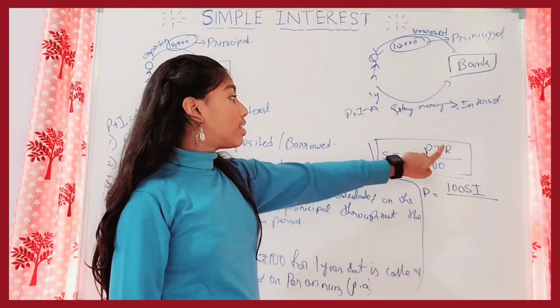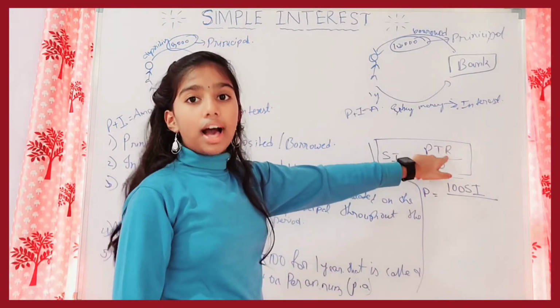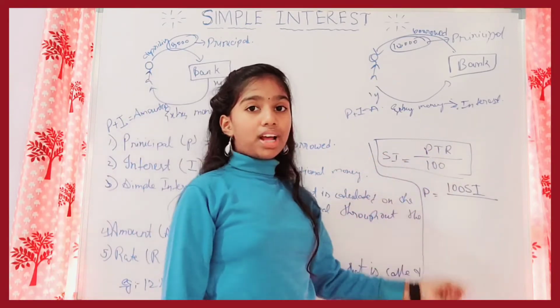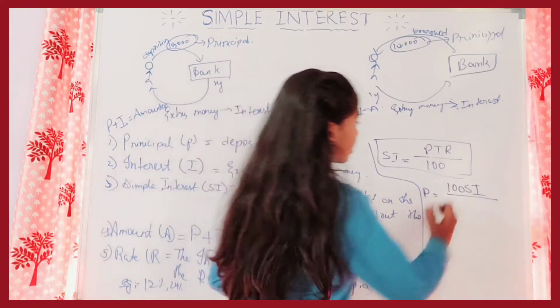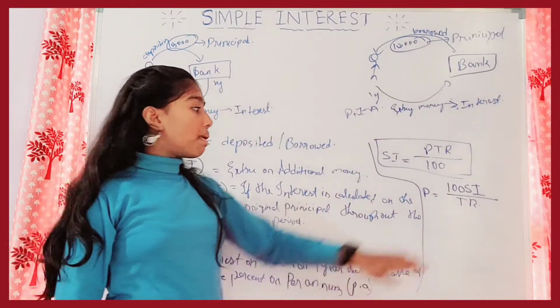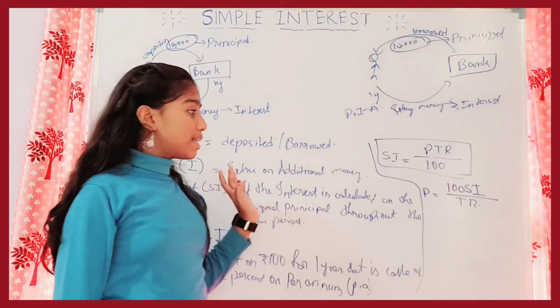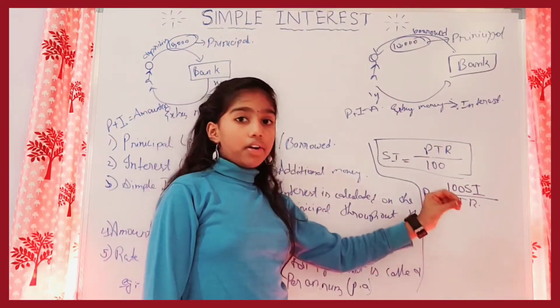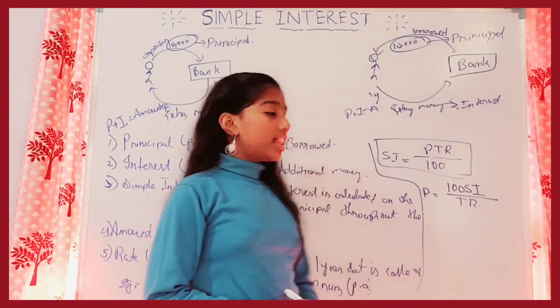P has gone, that is T into R. TR is remaining, and the numerator digits come to the denominator place. The formula for finding the principal is 100 SI by TR, or T into R.